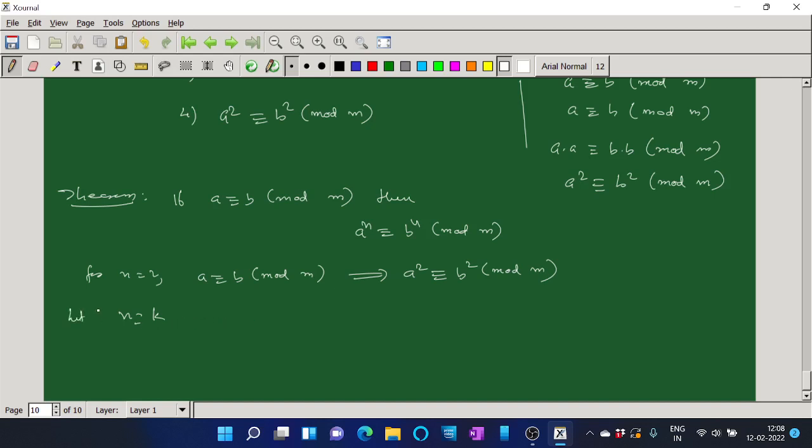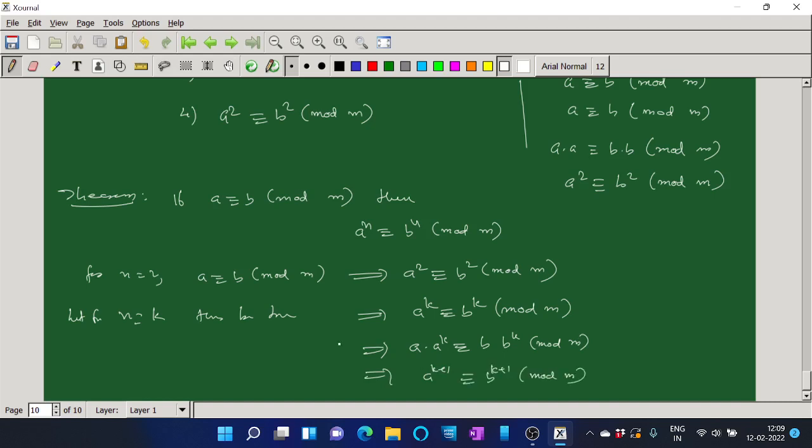That means A congruent to B modulo M implies A raised to k is congruent to B raised to k modulo M. Then multiplying by A on both sides, we get A into A raised to k is congruent to B into B raised to k mod M, which implies A raised to k plus 1 is congruent to B raised to k plus 1 mod M. Thus, by induction, for all n, A raised n is congruent to B raised n mod M.